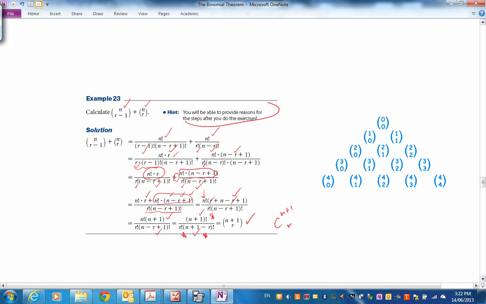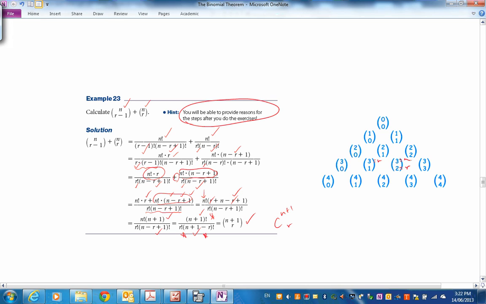What have we just done though? Here it says you'll be able to provide a reason for the steps after you do the exercise. What we've just done is, let's take this one here. Let's say we've got C3 r take 1, that's C3 r1, and this is, well, let's do it as it stands there. Here, n is 3, both cases.